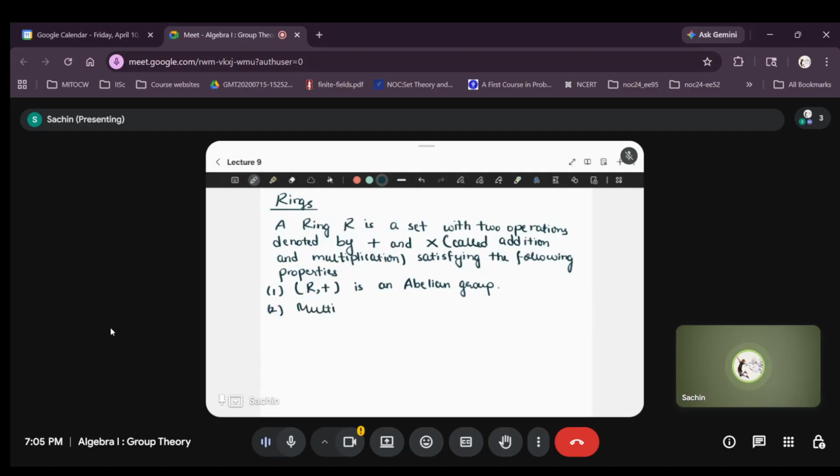Then we don't need R with multiplication to be a group at all, but we have three of the group properties. It should be commutative, associative, and should have an identity element. For multiplication, we denote the identity element by 1.